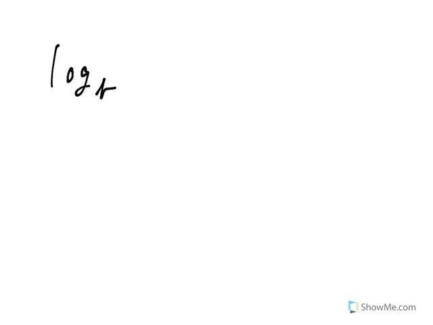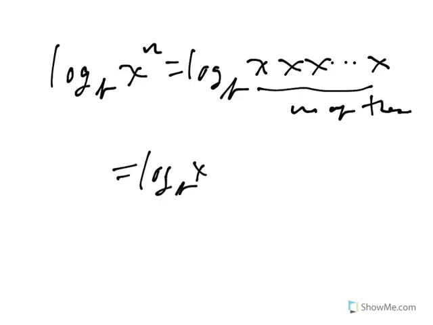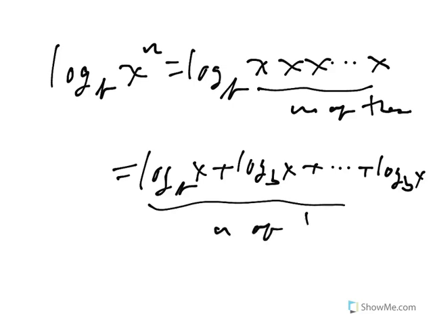Log base b of x to the n power is the same thing as log base b of x times x times x, and there are n of these. And then according to that other rule, we could split it up into log base b of x plus log base b of x plus ... plus log base b of x. Again, n of these. But when you add together n of the same thing, it's the same thing as multiplying.